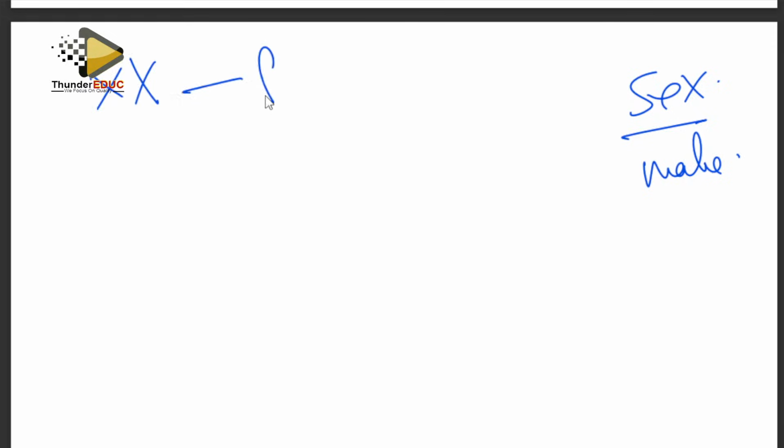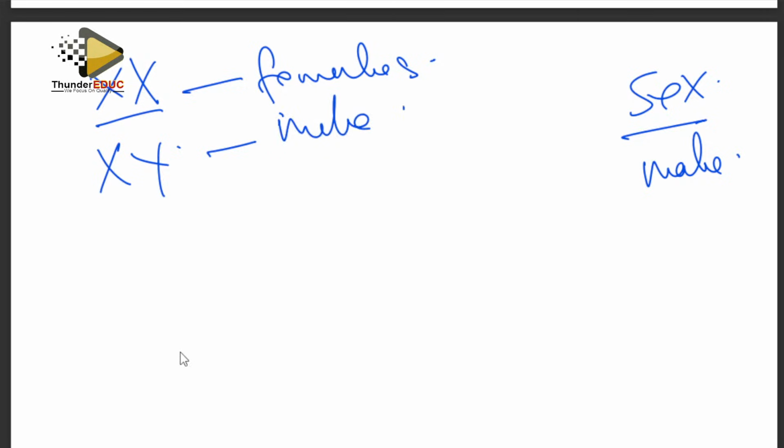Obviously, we want to know that the sex, the gender, of the child is determined by the male. Why? We know that females are XX, while males are XY. So females have 2 X chromosomes, while males have 1 X chromosome. One mark. Now we start.